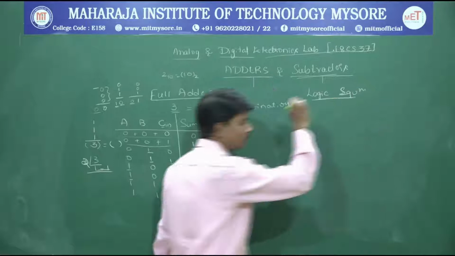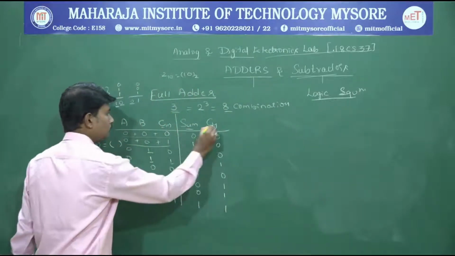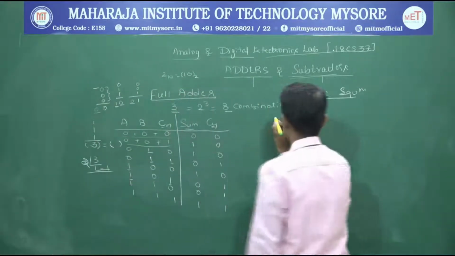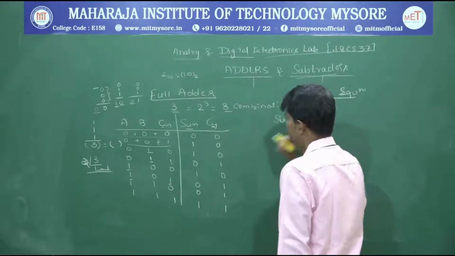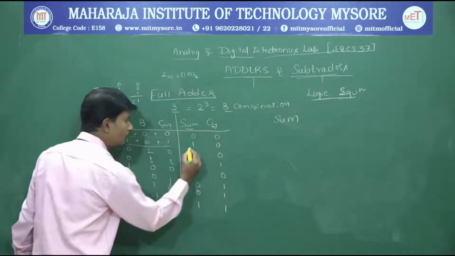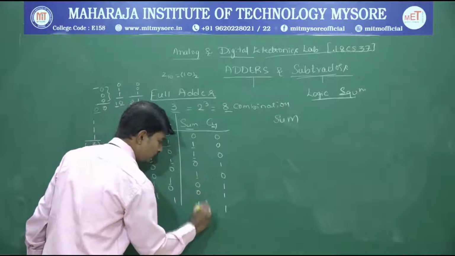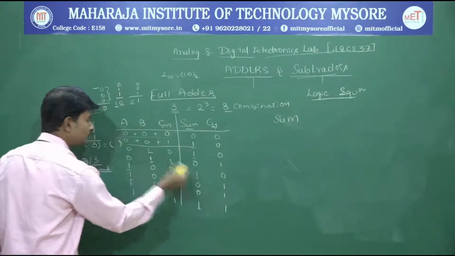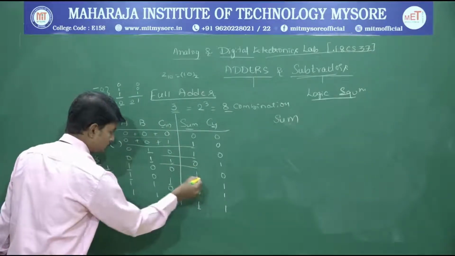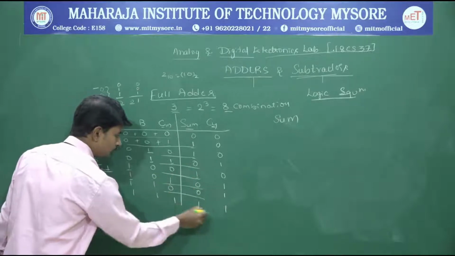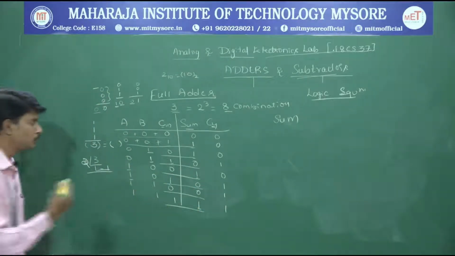So if I consider a logic equation for sum and carry, first what I have to do is check in the truth table where the sum output is high. For this input combination, the sum output is high.